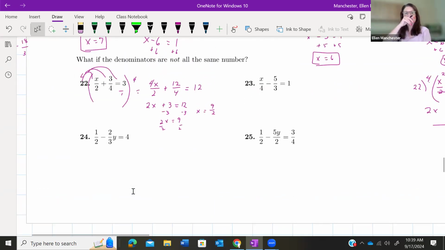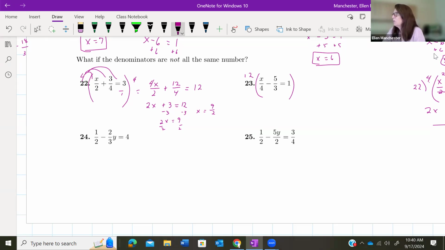Okay, let's do one more. Try number 23. Okay, so common denominator is 12.